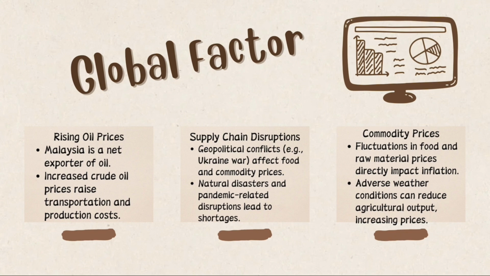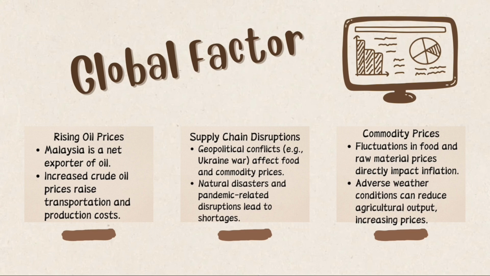Second, supply chain disruptions. Geopolitical conflicts, such as the war in Ukraine, disrupt the global supply of essential commodities like food, fuel and metals. These conflicts, combined with natural disasters and lingering effects of the COVID-19 pandemic, cause shortages in critical materials. This leads to delays and higher prices for both raw materials and finished products, affecting businesses and consumers alike.